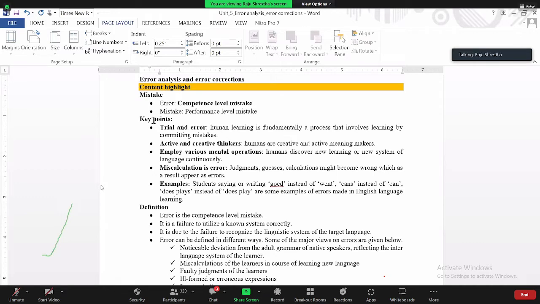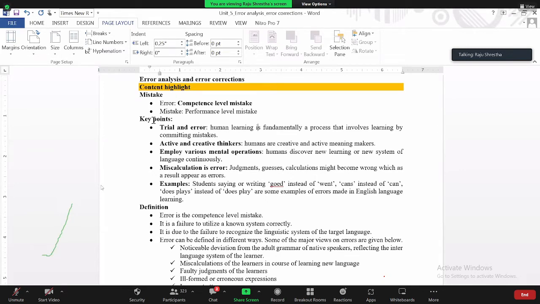We human beings are not only passive recipients of knowledge. We actively, creatively, and critically think. We try to discover the patterns of language. We try to explore new words and their formations also.